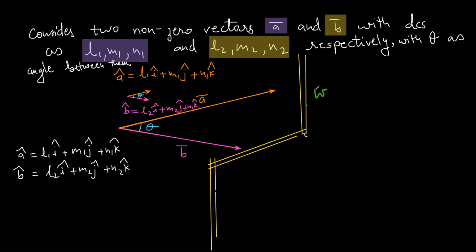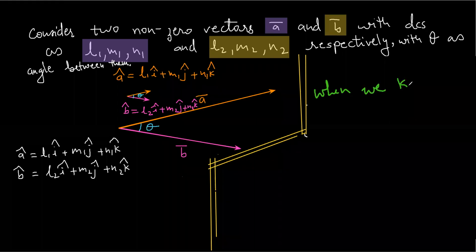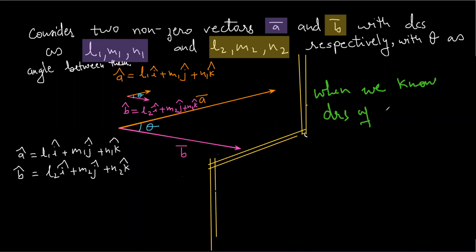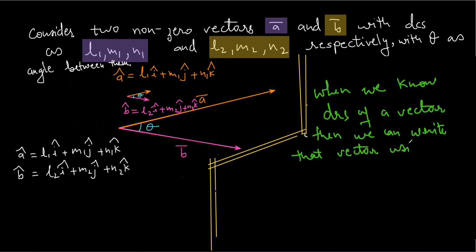When we know the DRS of a vector, then we can write that vector using its DRS.